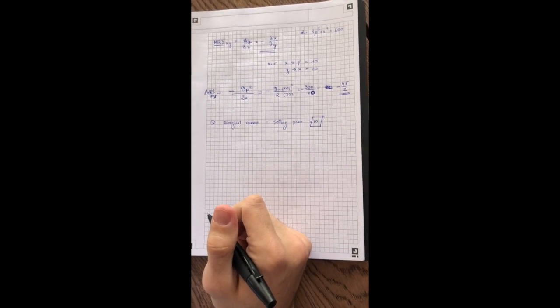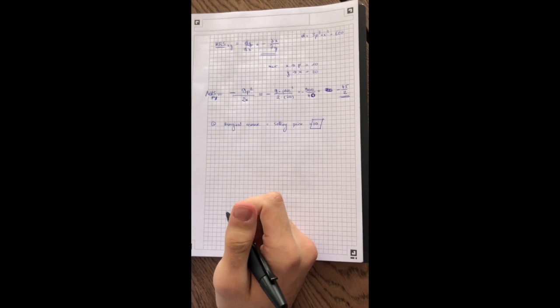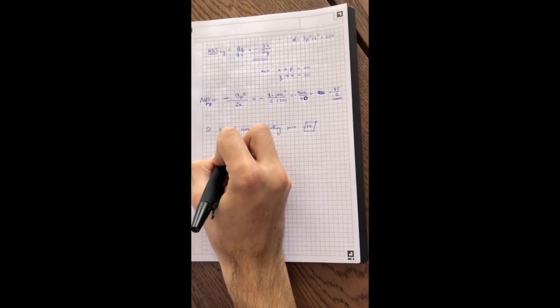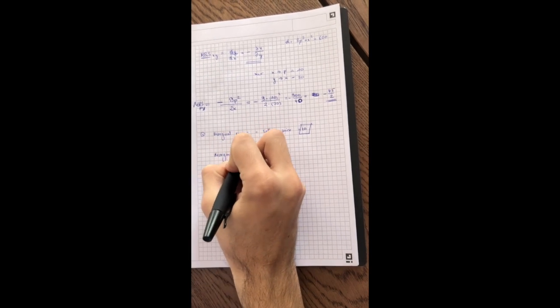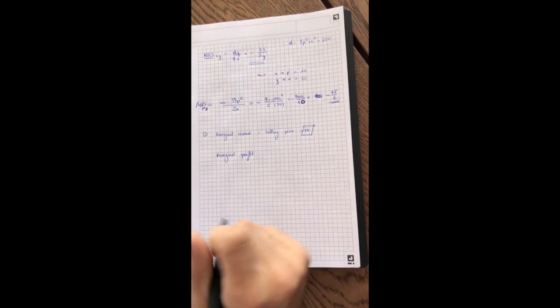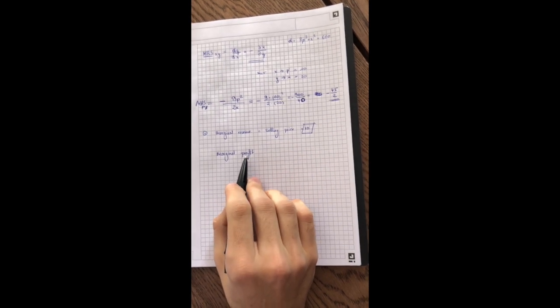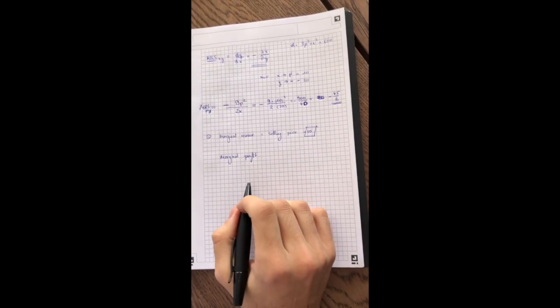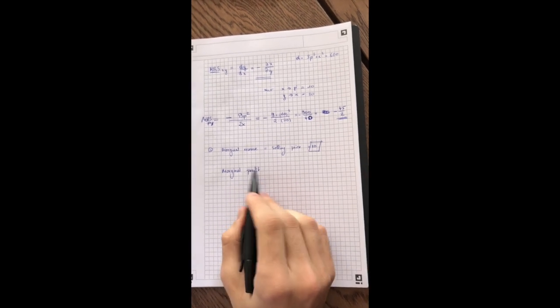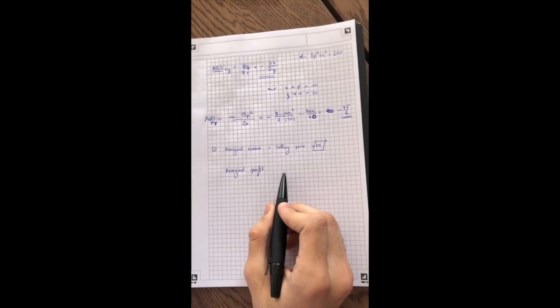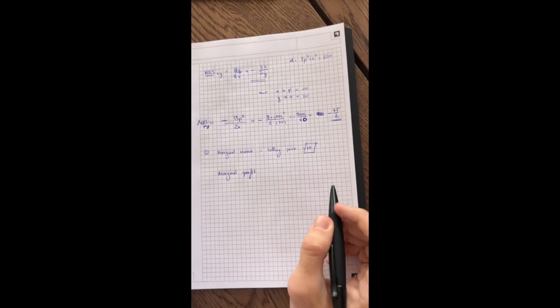In the last exercise, we want to calculate the marginal profit. That is the profit that each unit provides to the company, and we know that profit is revenue minus the cost that the company has.